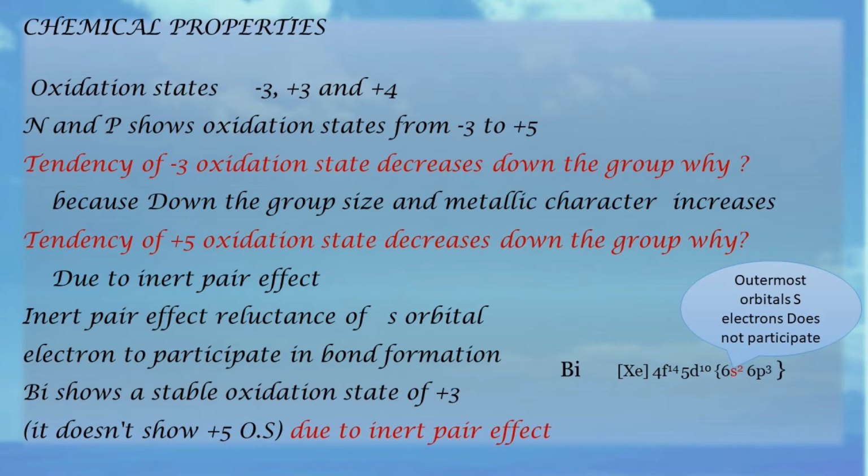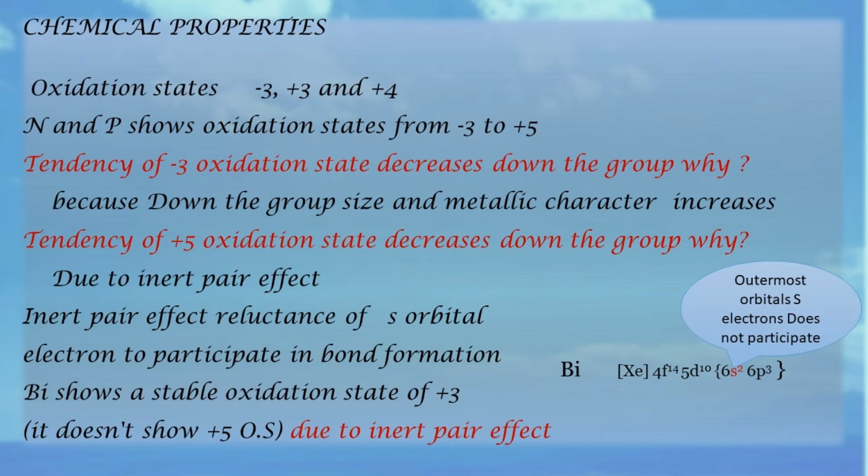Since it's the outermost orbital, due to the shape of the s orbital, the s orbital electrons are strongly held, which is also said as s orbital electrons being highly penetrated. Hence, it is difficult for this s orbital electron to get into bond formation.